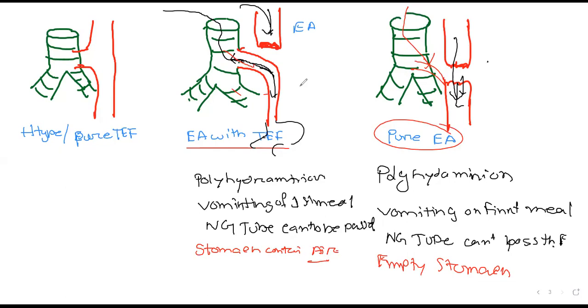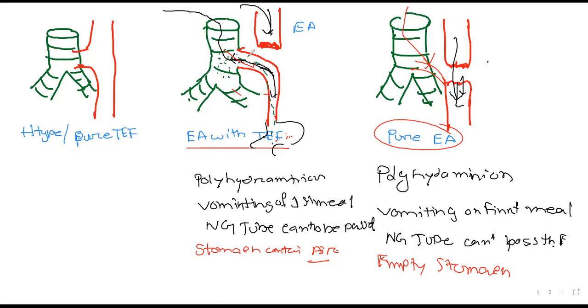So air from the trachea cannot move into this lower part of the esophagus, but here it can. So we will see air in the stomach, and stomach content such as hydrochloric acid can also backflow through the esophagus up to the trachea. So in the trachea there will be some gastric acid present, and this gastric acid will irritate the trachea and cause bronchoconstriction.